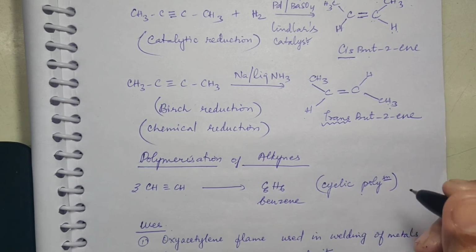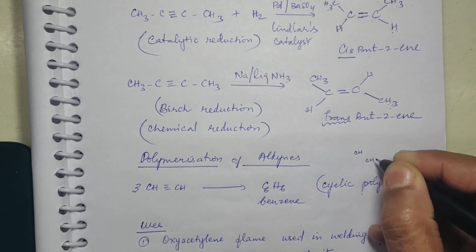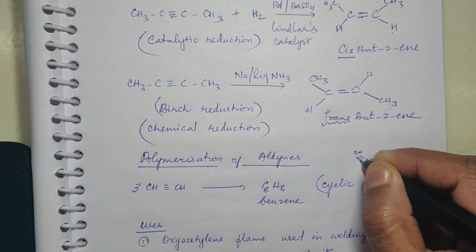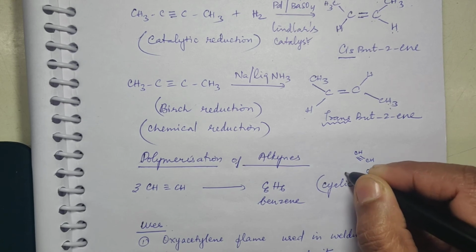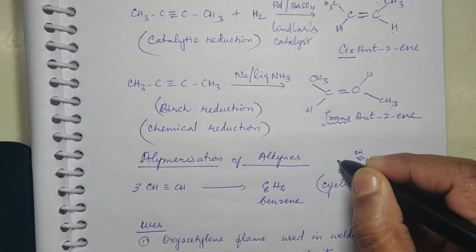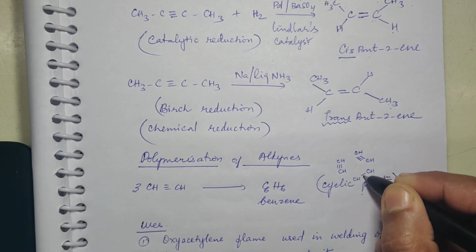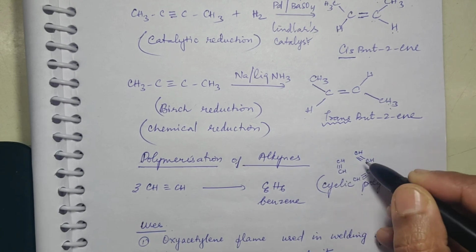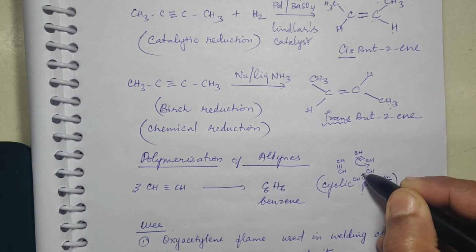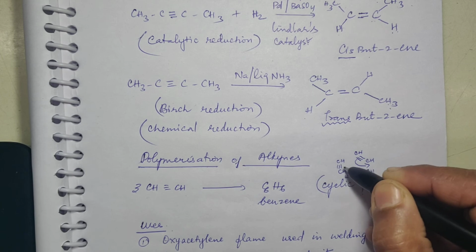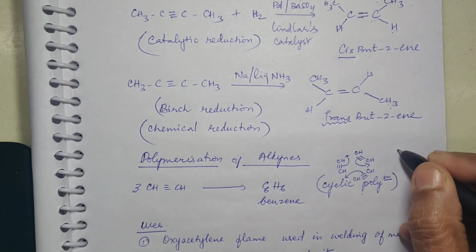Supposing if I put it like this, see, CH, then another CH. In between the two there is a triple bond. Then again I have taken another CH. Then again I have taken another CH. Okay, there is a triple bond here. There is a triple bond here. Right? What I have done? I have taken one bond and shifted here. One bond and shifted here. And one bond I shifted here. So what has become?